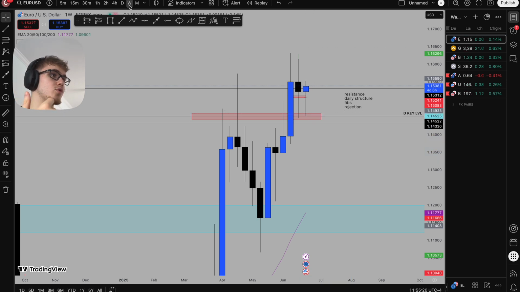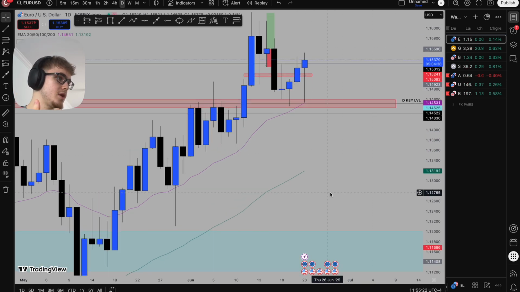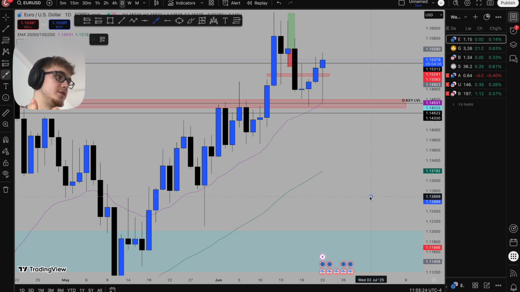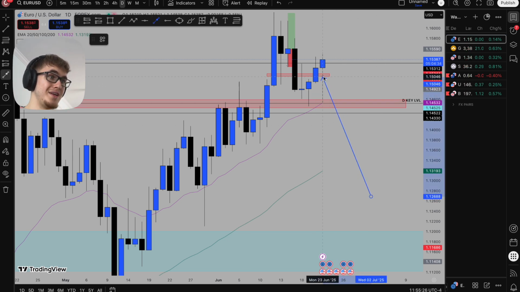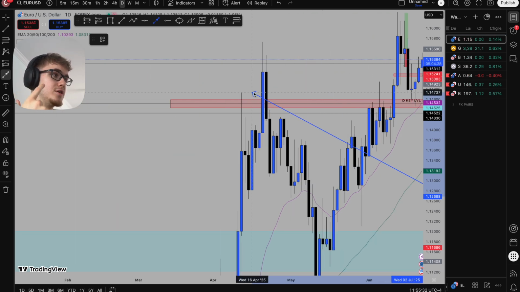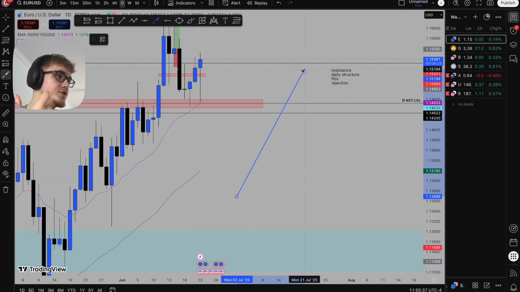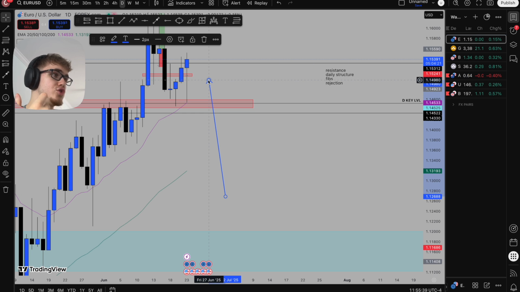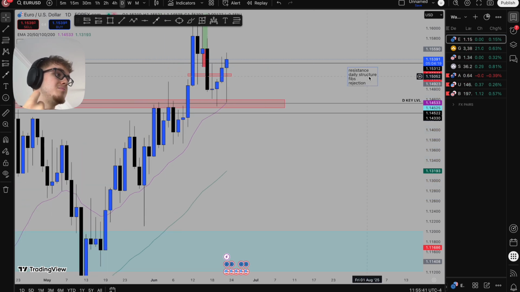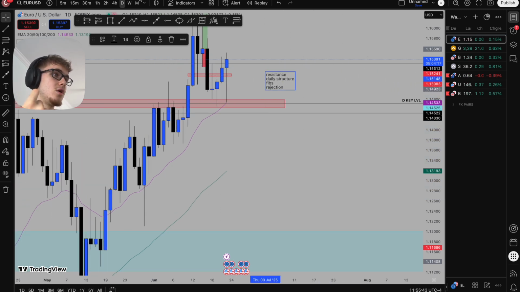Going back to the daily, you can still see price right now is creating some bullish momentum, but at the time I took the trade, price had that big bearish momentum and was clearly rejecting this resistance zone, which showed me that we might be looking for sells.